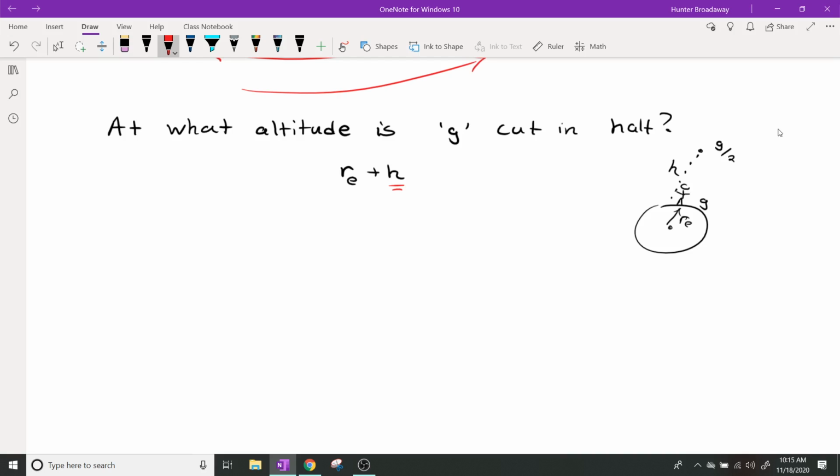Because if I just type in 6.37 times 10 to the sixth, that's going to make things complicated. It's a lot of writing. Okay, so this is the actual distance that we need to worry about. That's true. So for all intents and purposes, we can call this d for the distance. Okay, we don't actually have to write it in as d. We can just write it as RE plus h, and I'm fine with that too. Okay, and we want gravity to be half.